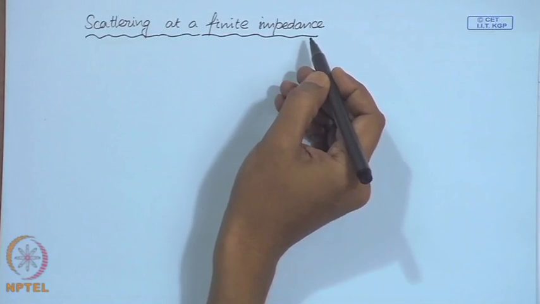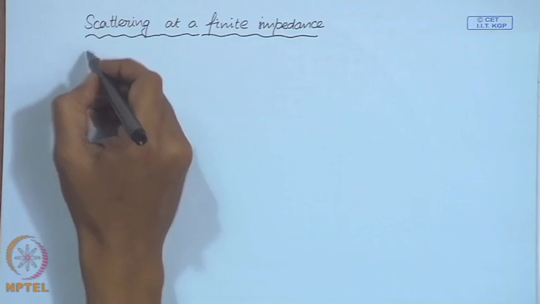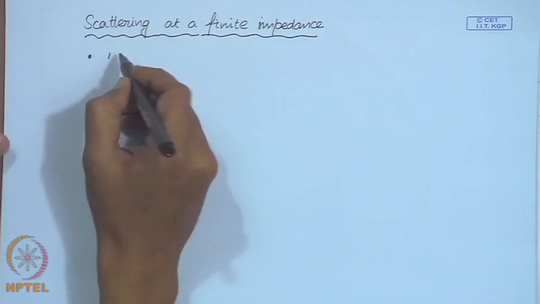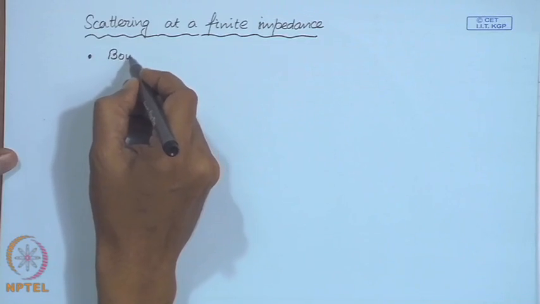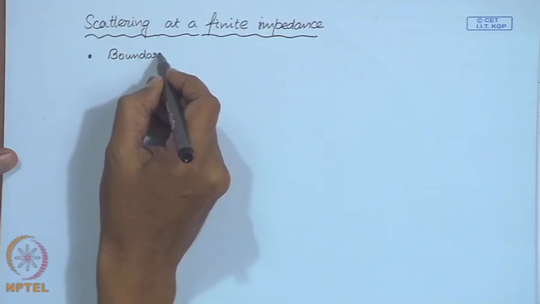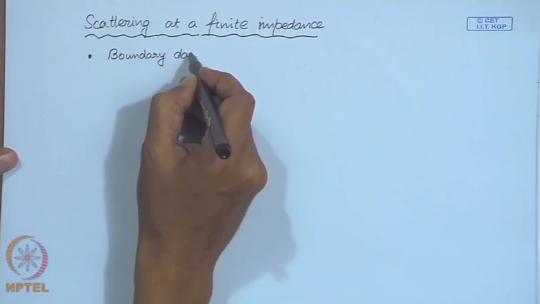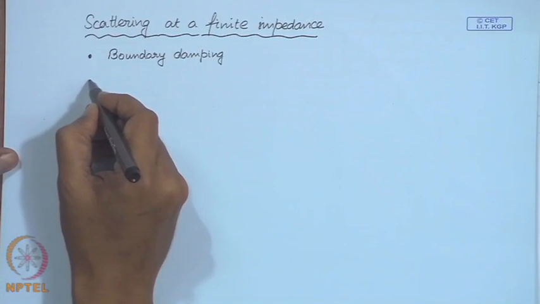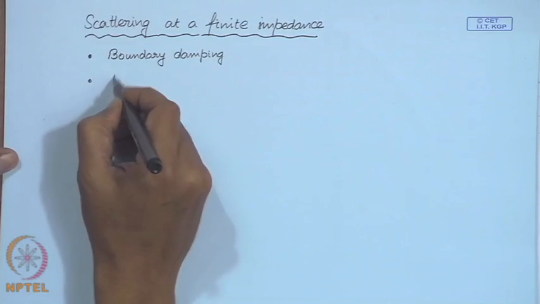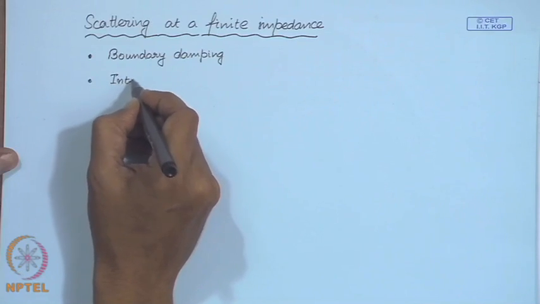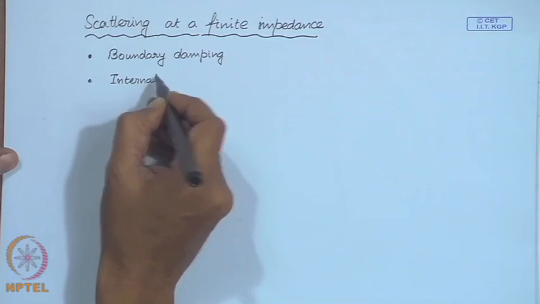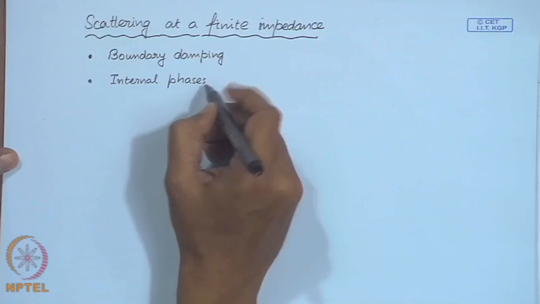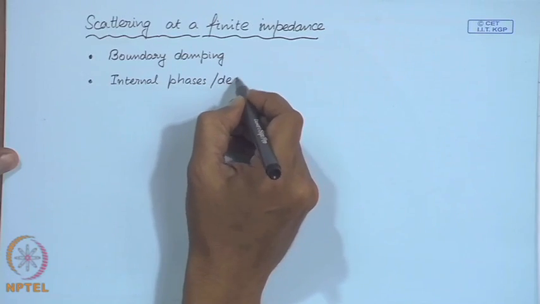So, this case arises when you have, let us say, boundary damping, or you have internal phases in a material or even defects.